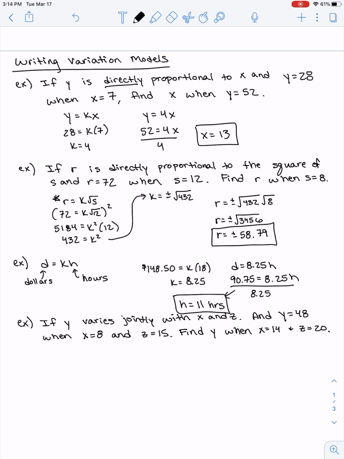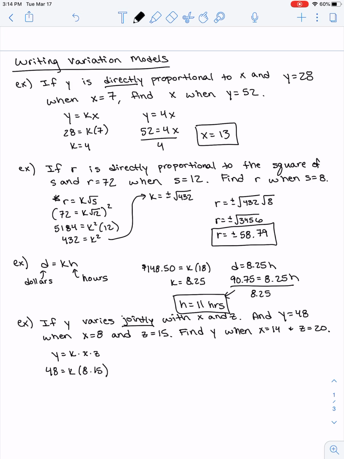So now the key for this one, unlike the other ones, is that the word is jointly. So our joint variation model says that y is equal to k times x times z. And this problem says, well, when y is equal to 48, then we know x is equal to 8 and z is equal to 15.